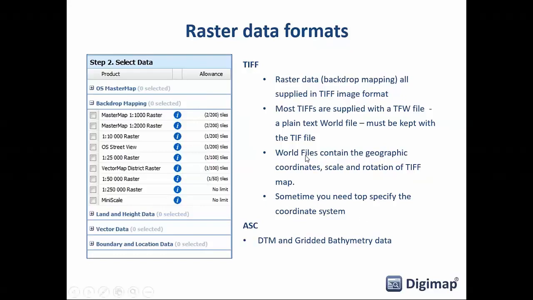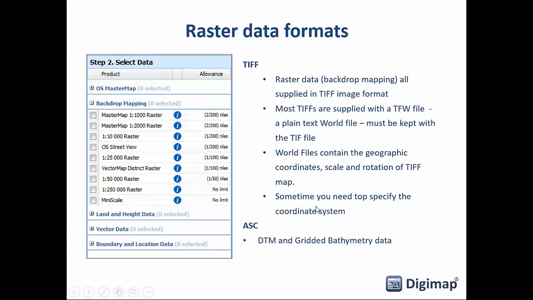It'll usually contain a world file, although some of the data is what we call GeoTIFF and has the georeferencing embedded in it, so you don't need the world file for that. But if there's a TFW world file with the data, then you need to keep it together with the original data. And sometimes you might need to specify the coordinate system.